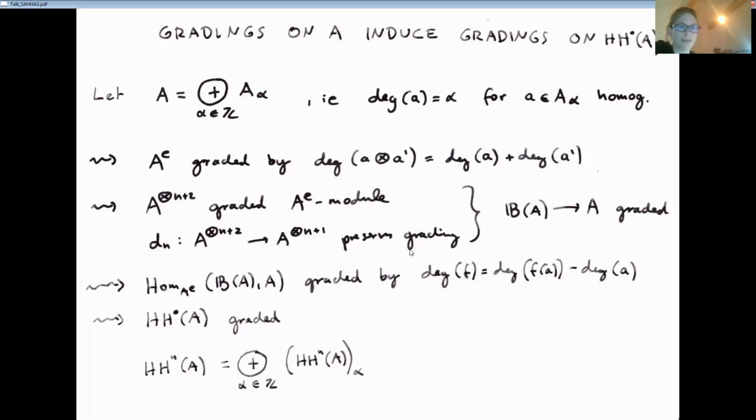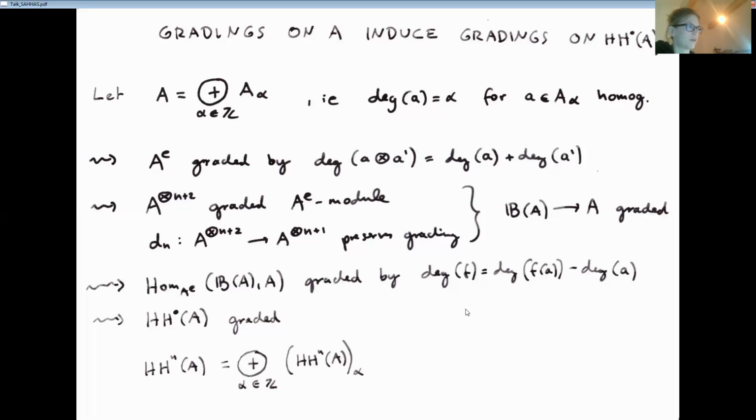They just multiply them and add them up, but this is all homogeneous. So in other words, the bar complex resolution of A is a graded resolution, and similarly also homomorphisms can be graded by saying that the degree of a map is the difference of the degrees of the pre-image and the image.